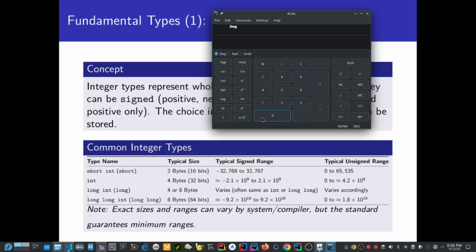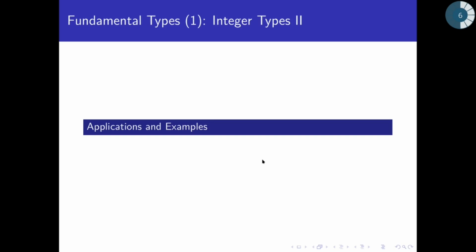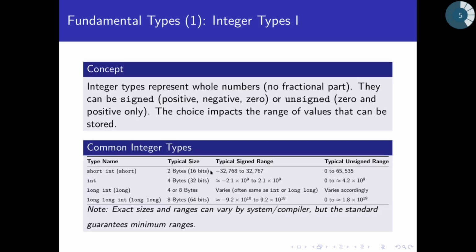We can see that 2 raised to power 16 gives us a total of 65,536, and the maximum is 65,535. But the signed range is almost half of this, so the combination of the negative part, 32,768, and the positive part, 32,767, gives us 65,535 together.